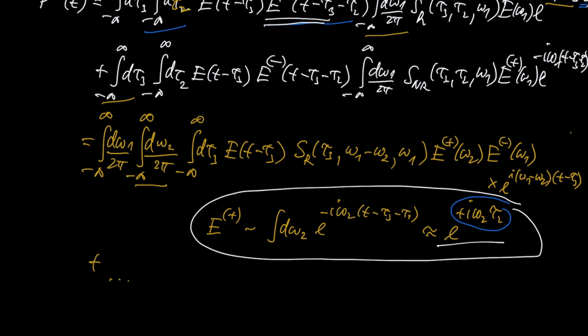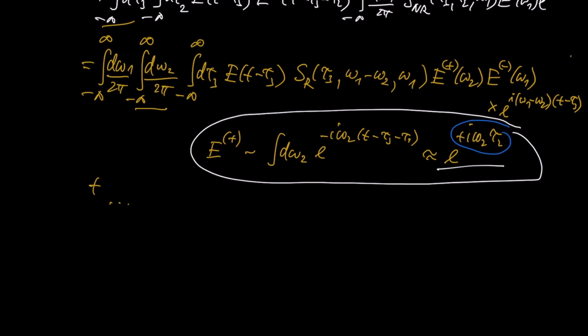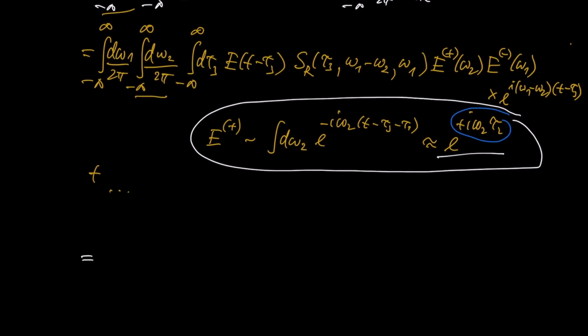So this looks like we can continue and perform basically the same thing again with the last remaining time integration, and we can rewrite it in form of an integration over the frequency. So again, it should not be so difficult, so we continue, equals.